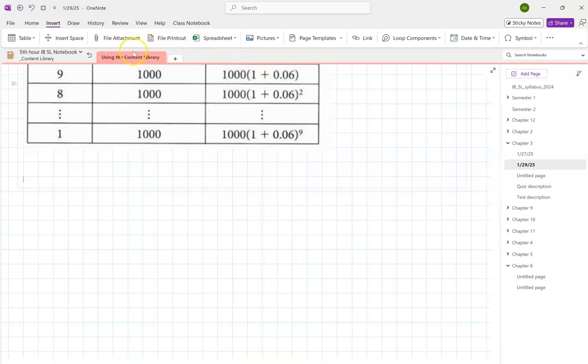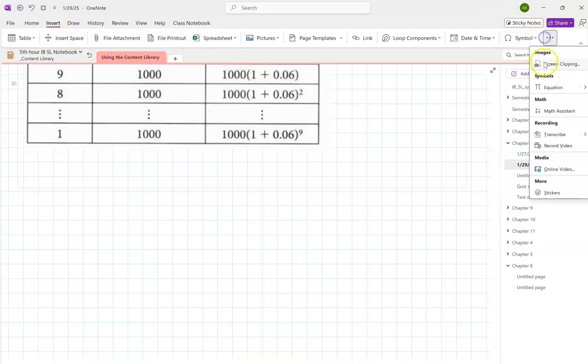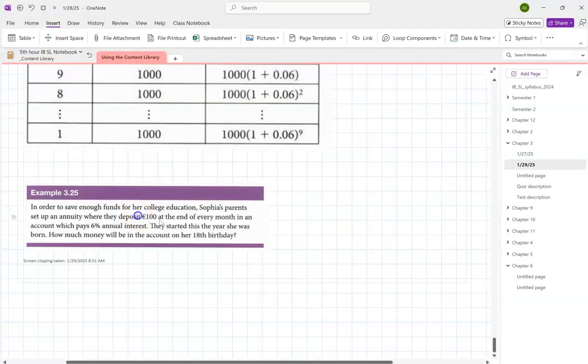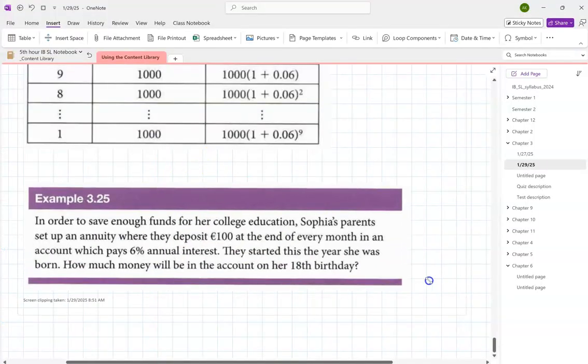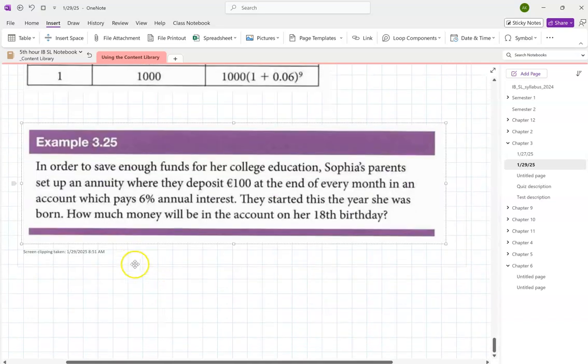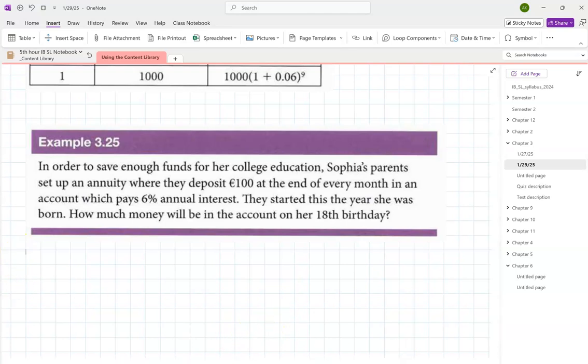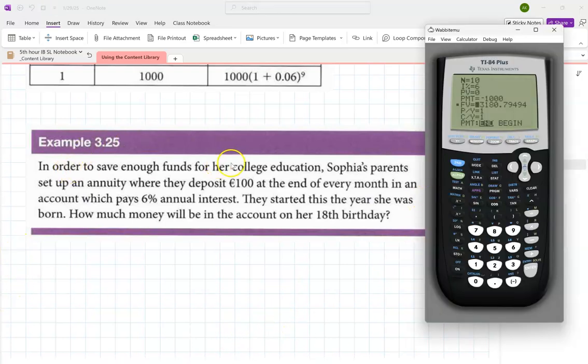So let's do some examples here, just kind of using this solver. So it says, in order to save enough money for her college education, Sophia's parents set up an annuity where they deposit $100 at the end of every month.